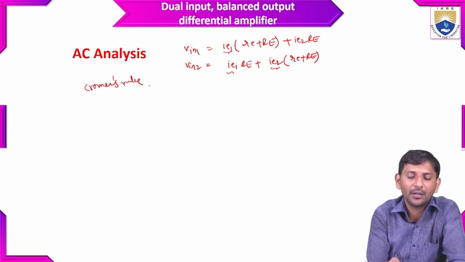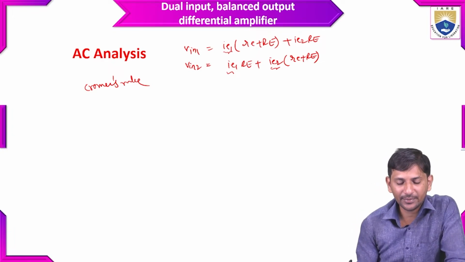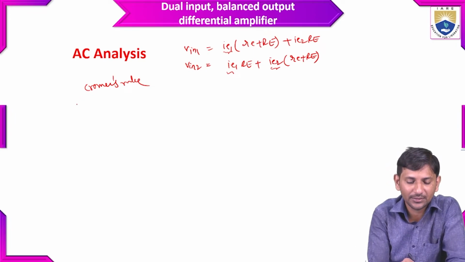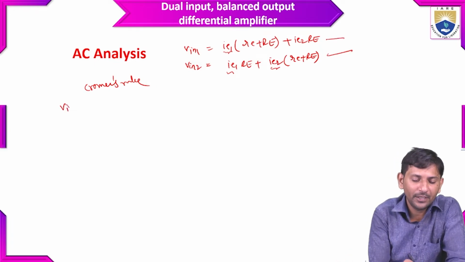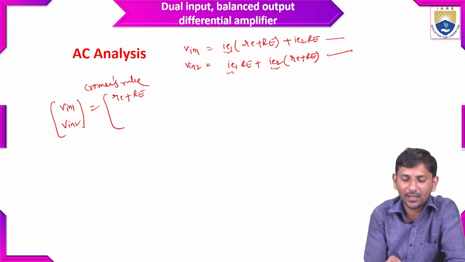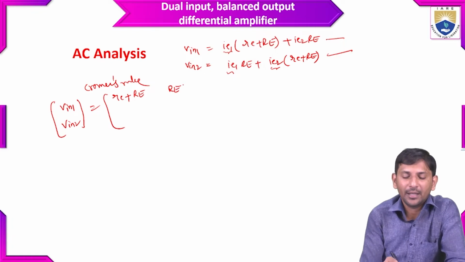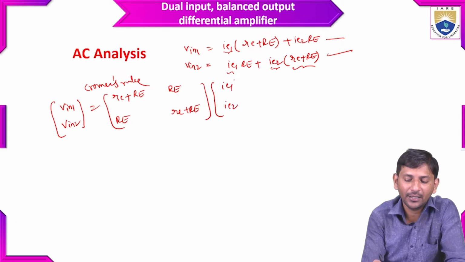I am going to apply Cramer's rule, so we can easily calculate the current across the emitter junctions of Q1 and Q2, which is expressed by these equations: Vin1, Vin2 is equal to the matrix of resistance factors, Re plus capital Re, capital Re, and similarly in the second row capital Re and Re plus capital Re, multiplying the current terms IE1 and IE2.